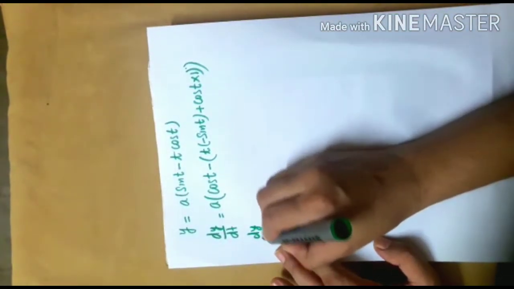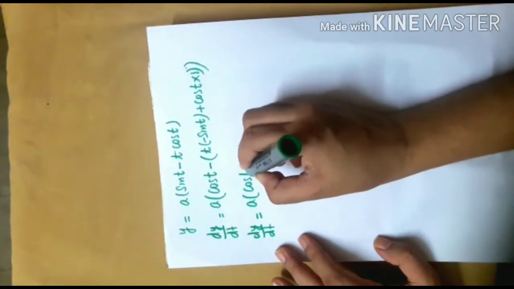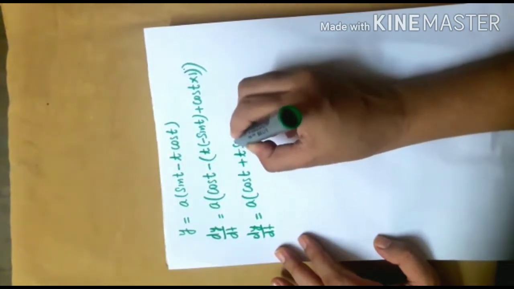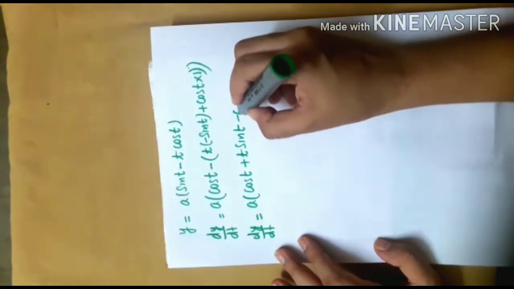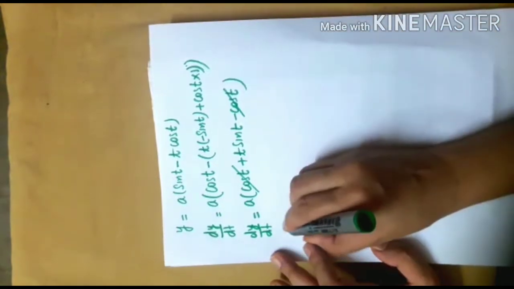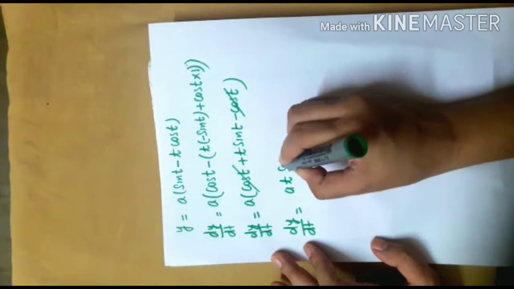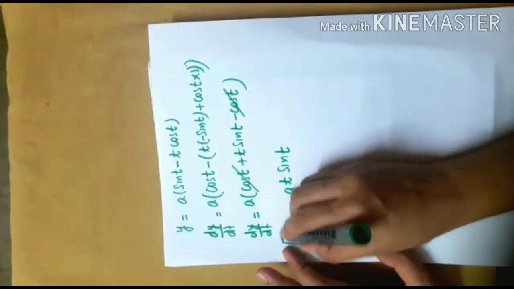So dy by dt equals a cos t plus t sin t minus cos t. This will get cancelled out. So dy by dt will be a t sin t.